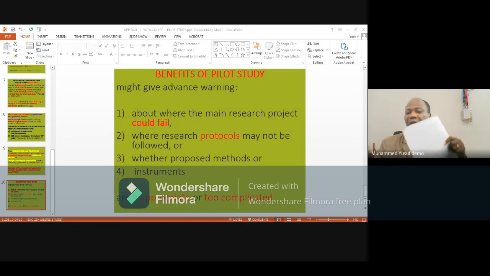Get the point? Since I adopt it, I go to another specialist to evaluate the instrument for me to be used in Malaysia here. You get the point? So therefore, the report of your pilot study will be under the validity of the study.